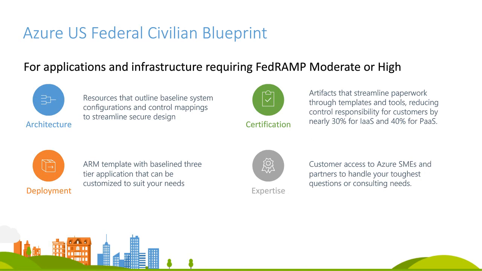So initially, in the blue circle, we have architecture. What this means is for each of our services that are certified in our various compliance regimes, we publish the architecture of that service. We identify exactly how that works and functions so that you can perform your own risk tolerance review of that architecture.